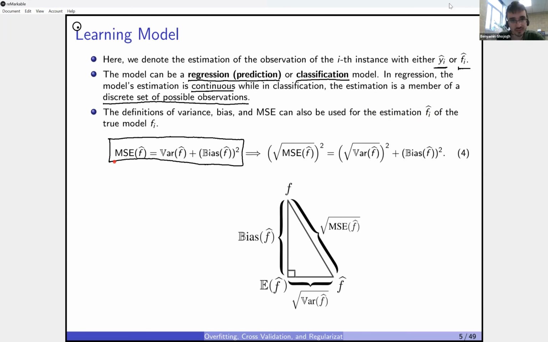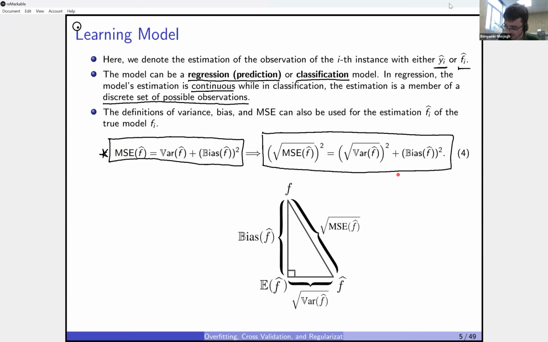For the proof of this equation, please see preliminaries on probability in my statistical machine learning course, one of the initial sessions. Okay. We can rewrite this by taking the square root of each term.